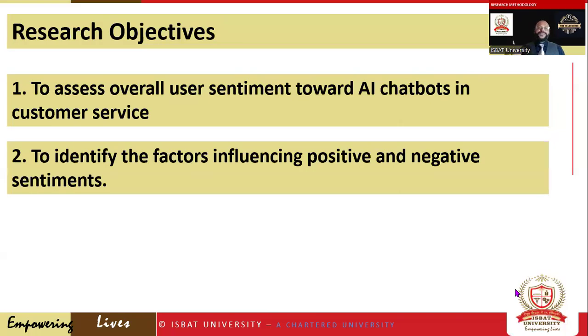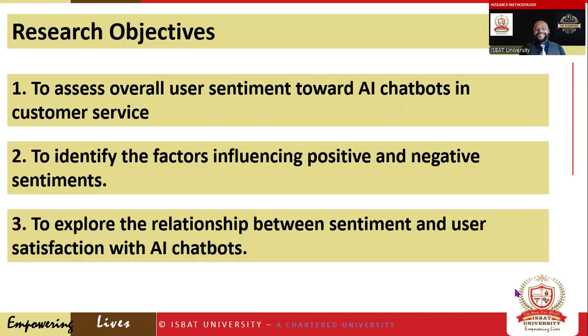My second objective is to identify the factors influencing positive and negative sentiments. The third one, to explore the relationship between sentiment and user satisfaction with AI chatbots. So how am I getting these sentiments? I'm getting these sentiments from the chats, that is text data. So we are going to use text data for analysis. So these are my research objectives.